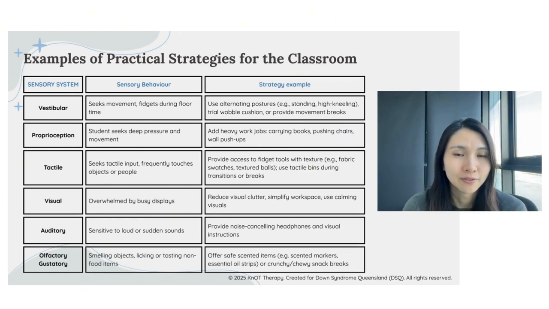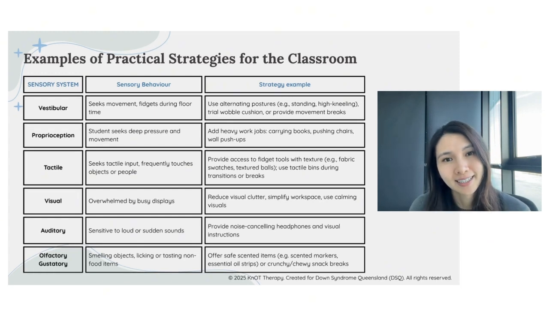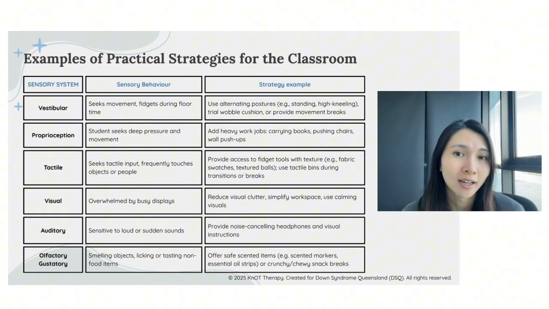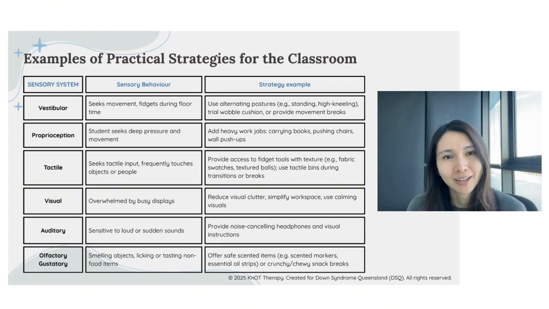For students sensitive to noise, noise cancelling headphones or presenting instructions visually can reduce overwhelm and increase engagement. These strategies are a starting point to consider, trial, and adapt based on students' individual needs. It's important this is done collaboratively with the occupational therapist, family, and support team.